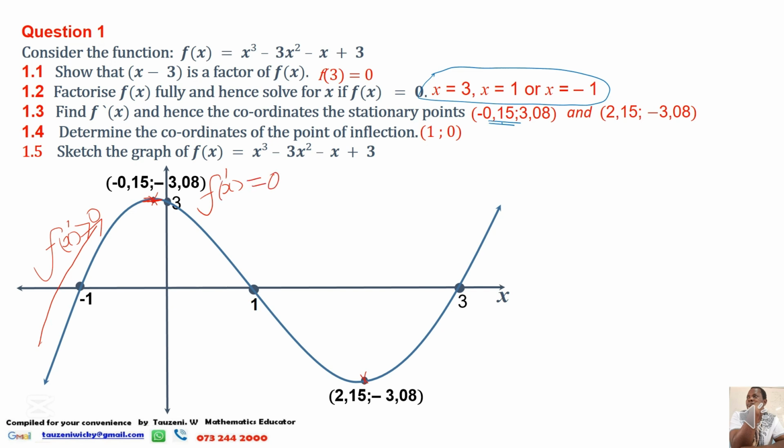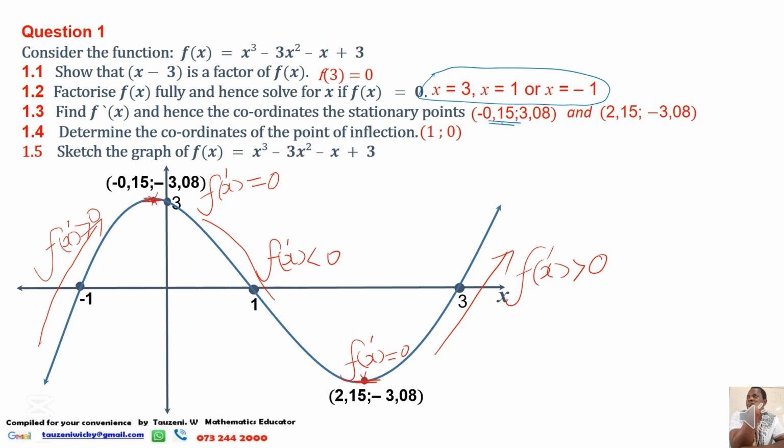That is why we equate the derivative to 0 when calculating the coordinates of the turning point. Then in between here, the graph is decreasing, so the derivative of the function is less than 0. When we reach the next turning point, the derivative, which is the gradient, is equal to 0. Then going upwards, the derivative once again is greater than 0 because the graph is increasing.